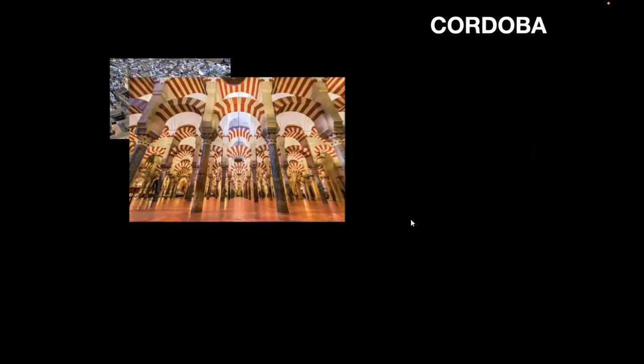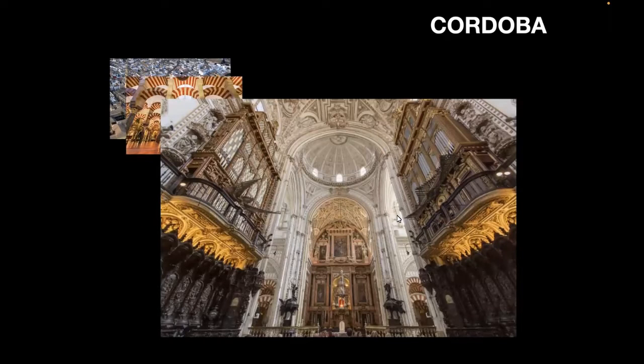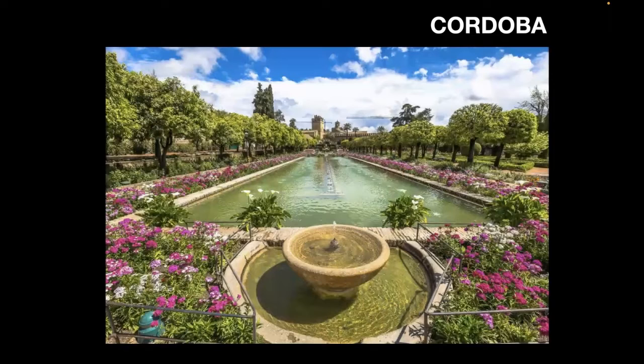So this is the Catholic Church portion of the structure, which after 1236 was converted into the Catholic Church, and construction and renovations, of course, took place. So the architectural style we see here is not from the 13th century, obviously. It was renovated quite a number of times. So we will have an opportunity to see both parts of the structure, the historic mosque and the Catholic Church.